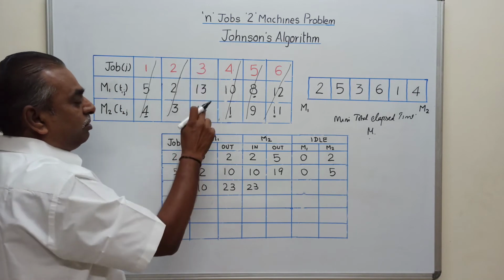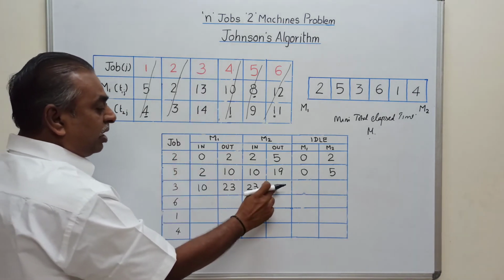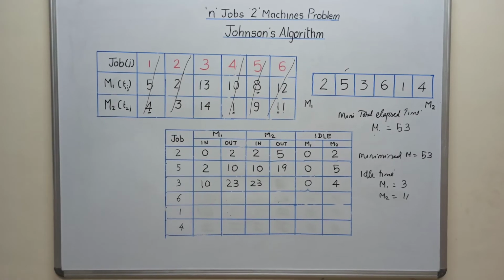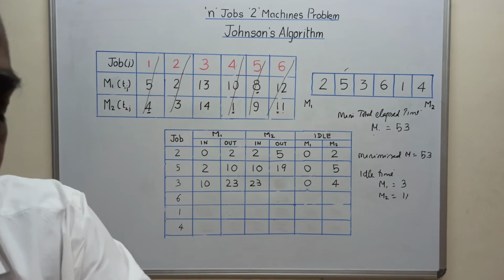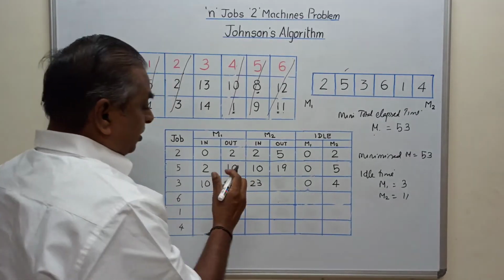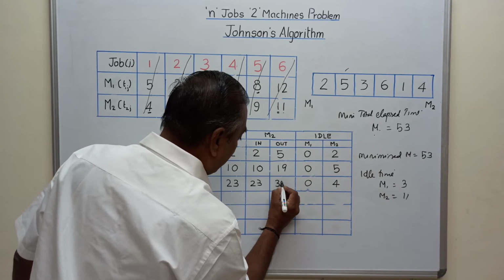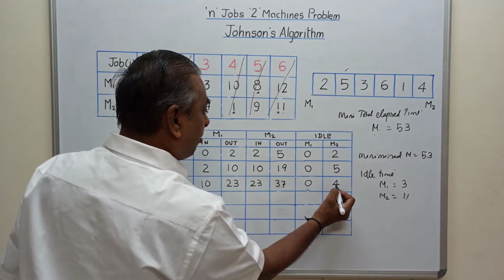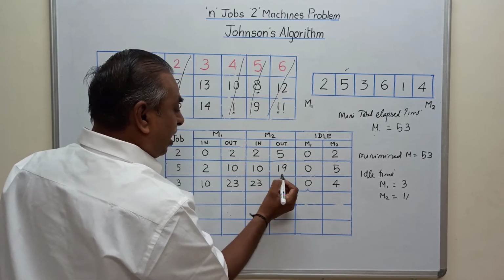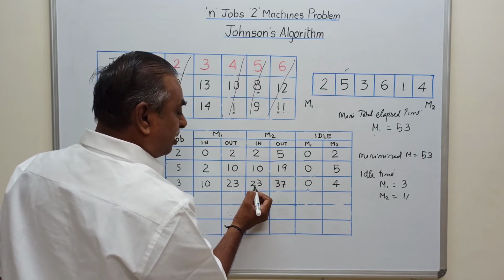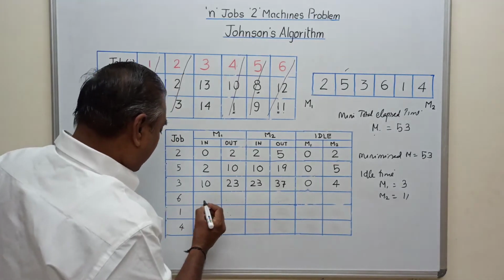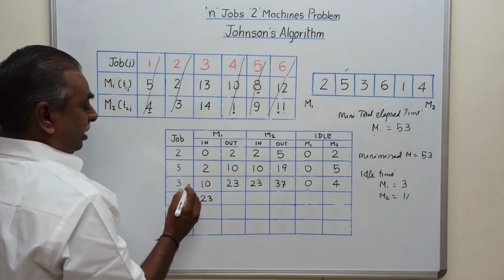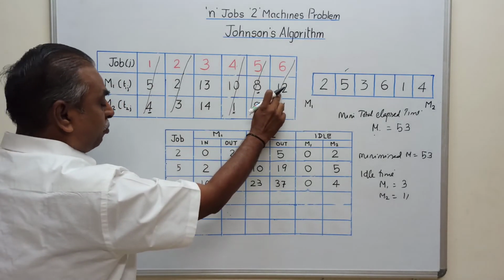Now for the third job, the processing time is 14. So it will be coming out from this time 23 plus 14, 37 hours, and the idle time of machine M1 is 0, and the idle time of machine M2 is 4, since after 19 hours till 23 hours machine M2 is idle. Now the sixth job enters the machine at 23, and the sixth job has a processing time of 12 hours.